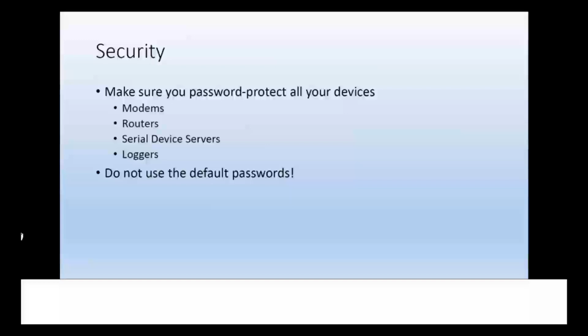You want to make sure that you password protect all your devices on your network, not only from someone accessing them from the outside through the WAN, but also if someone is able to hook a computer up to your LAN and then surf to these devices and try to access them. Otherwise they can change settings and then things won't work correctly. So just good security measures: always password protect your devices, and don't use default passwords, use something unique. Next slide.